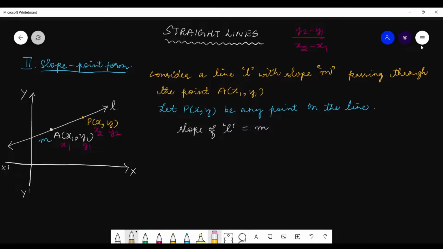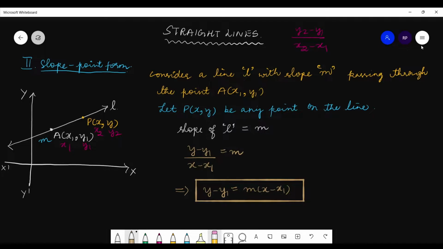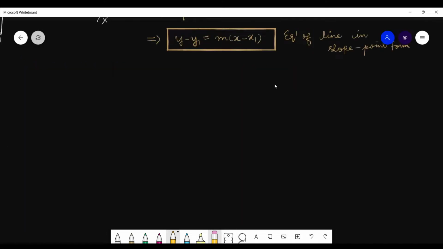So with respect to this, the slope of line L is going to be y2 minus y1 by x2 minus x1, which is equal to the slope. From this I can write y minus y1 is equal to m into x minus x1. So this is the equation of a line in slope point form.